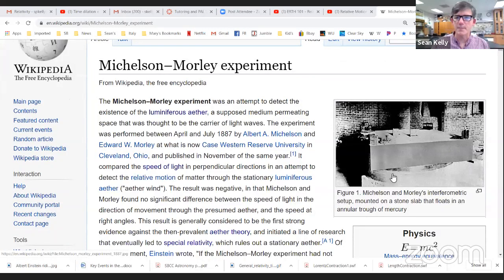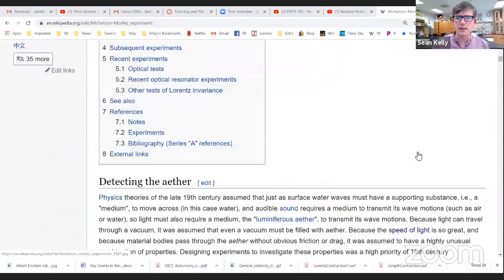This is called the Michelson-Morley experiment. They had an apparatus on a very heavy stone slab, called an optical table. They shine light, and the light is then divided into two paths. I think we're going to have a picture down here.